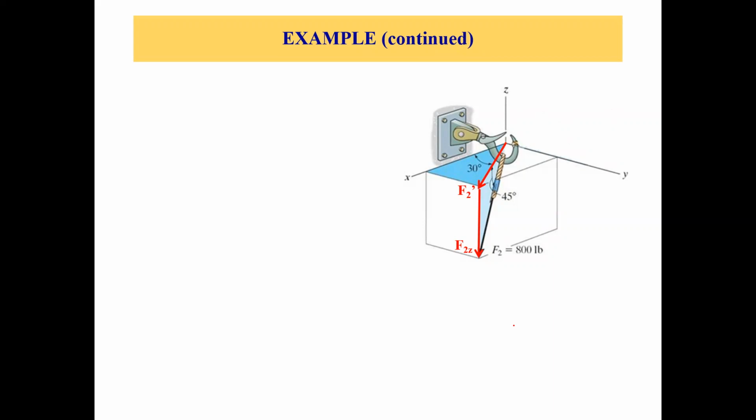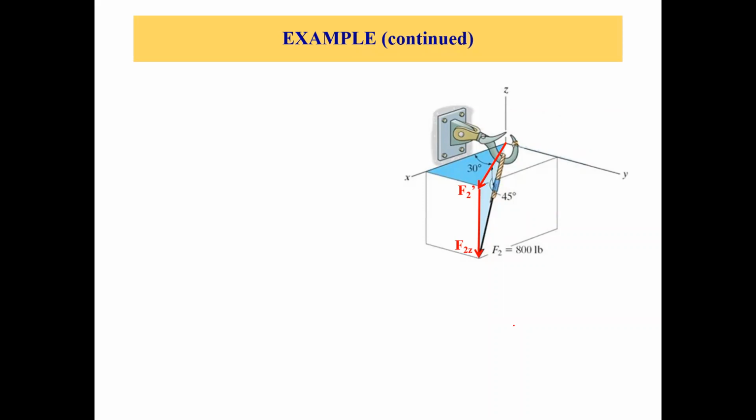So what we need to do, we need to resolve this force 2 times. So first time, as shown in this red color, we'll resolve this force F2 into F2z, which is along the z-axis, and F2 dash, which is not in any axis direction.